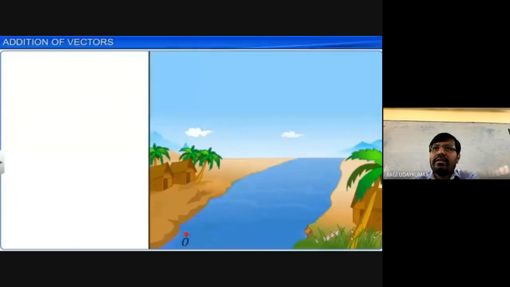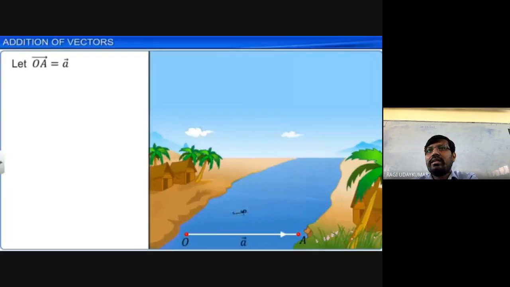Suppose a water flow is there, a point O is there and water is flowing. You are swimming from O to A. This vector and direction is OA. But whenever you are moving, with the water flowing, automatically you will be moved towards the water flow when your force is less.